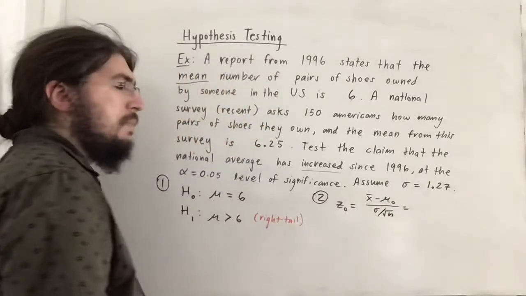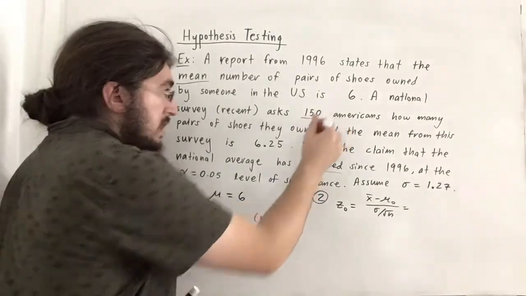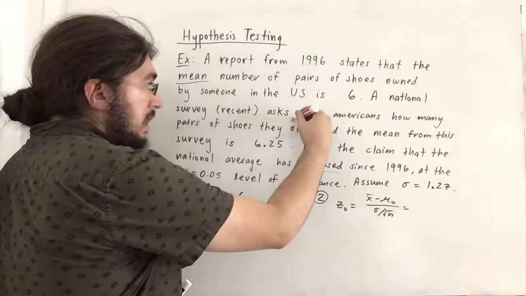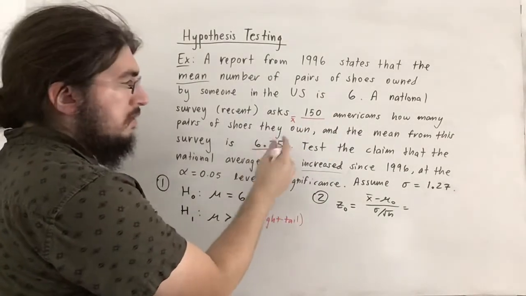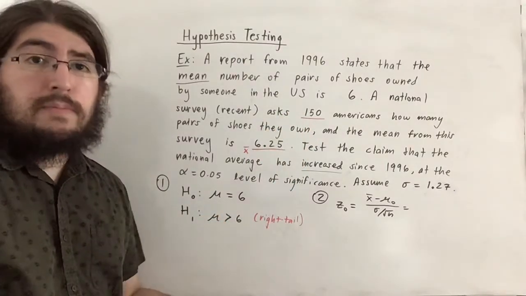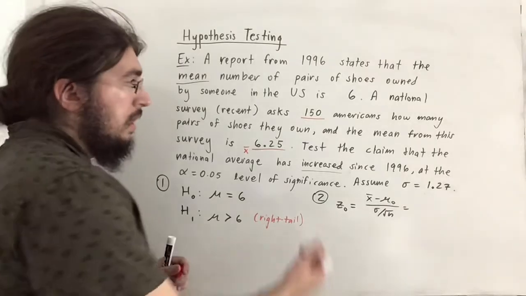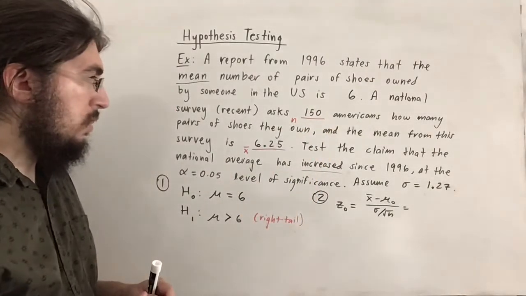Now what is X bar? X bar is a sample mean. The mean of the survey is 6.25, that's going to be X bar. What's 150 though? 150 is the number of people being asked this question, so that's the sample size n.